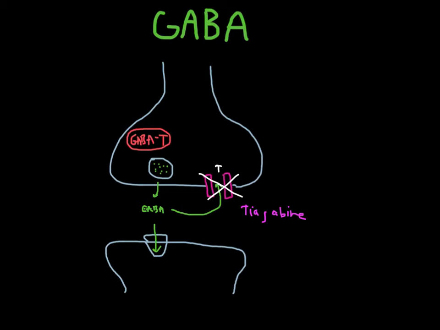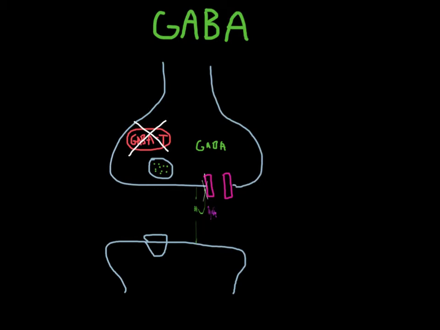Now another potential target is the GABA transaminase, which is this enzyme here, which will work to break down the GABA that has been reuptaken by this transporter here. And so if we were to inhibit GABA transaminase, we would have more free GABA that can enter the vesicle and then be released into the synapse.